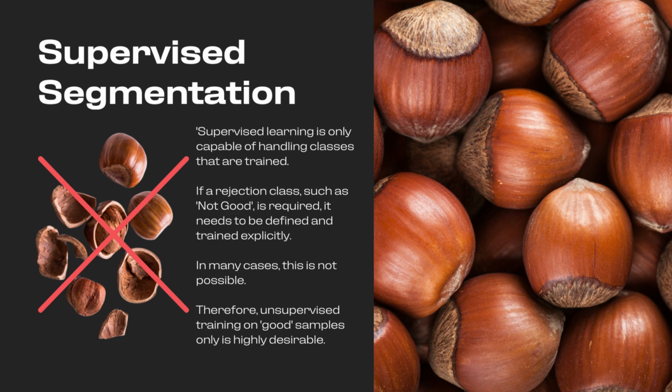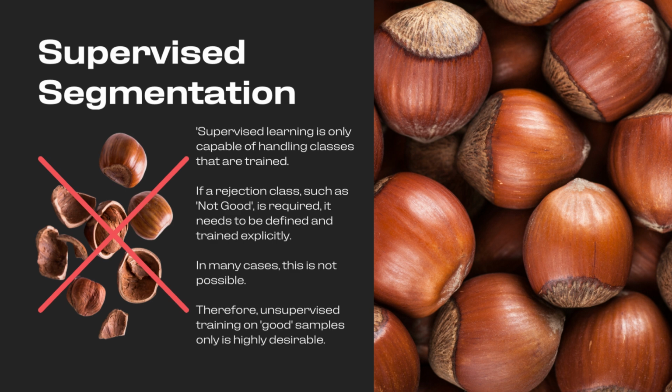So a rejection class looking for defects in these things, such as cracks specifically, and defining what they look like, is very, very difficult, if impossible, in fact. And therefore, it's a good example of something that we could not use supervised segmentation for. If we were looking for defects in this type of product, it would have to be unsupervised.